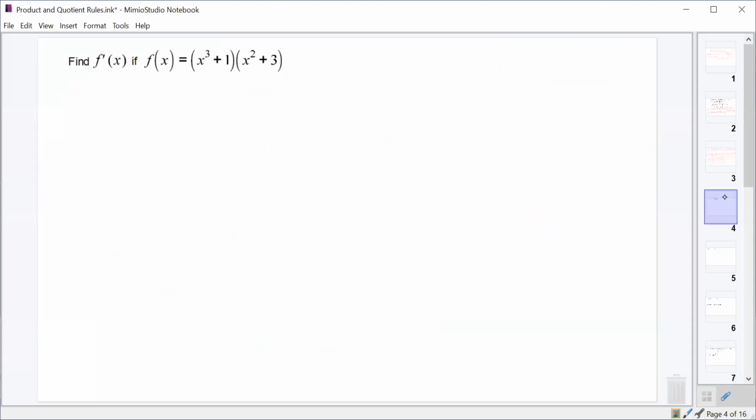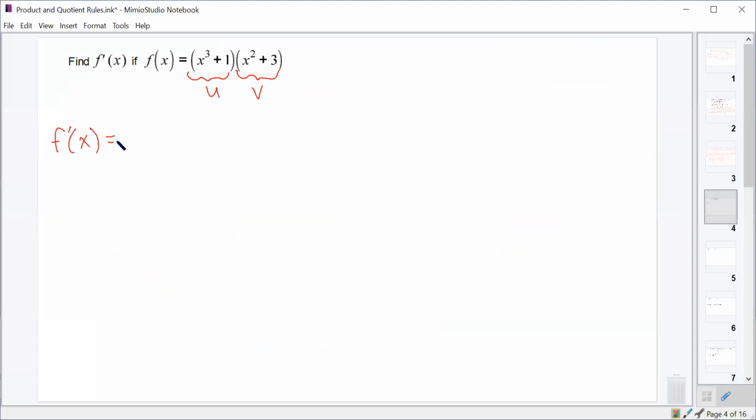X cubed plus 1 times x squared plus 3. So this function here, u, is being multiplied by this function here, v. So one method we can use to find this derivative is the product rule. And the product rule should tell us that f prime of x equals, what's the product rule?